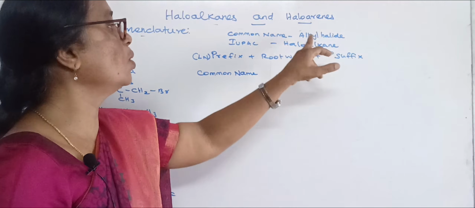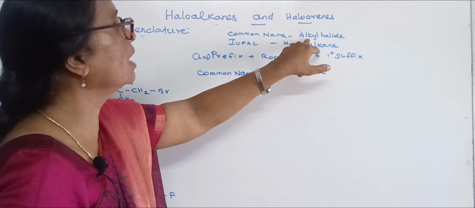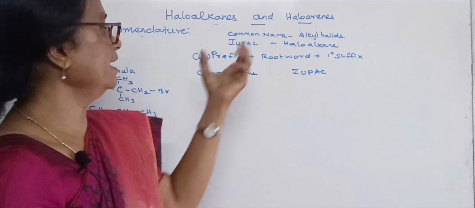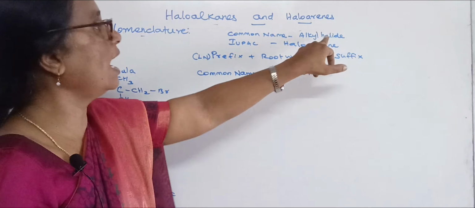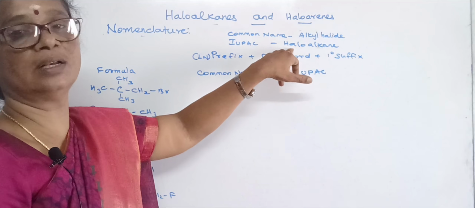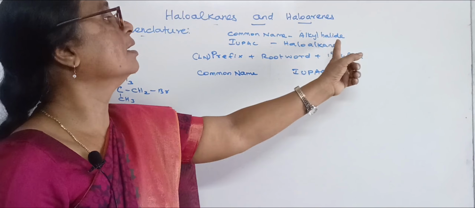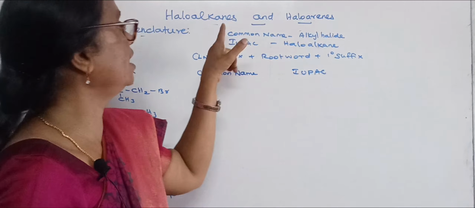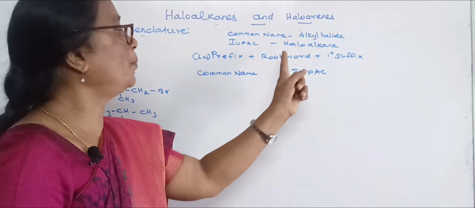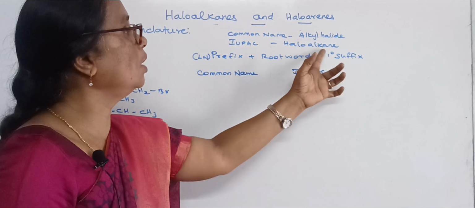The common name for halogen derivatives is given as alkyl halide, and in the IUPAC name the halide group becomes the prefix. So we take the halide from the common name as the prefix of the IUPAC name, and we take it as haloalkane.